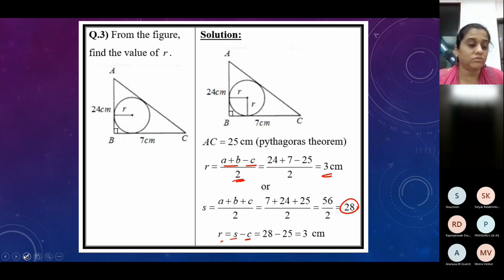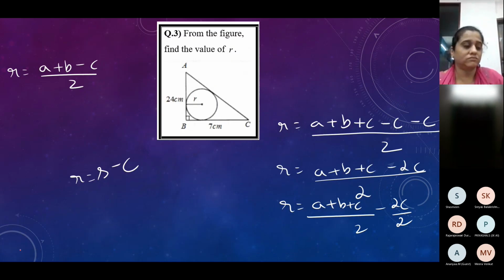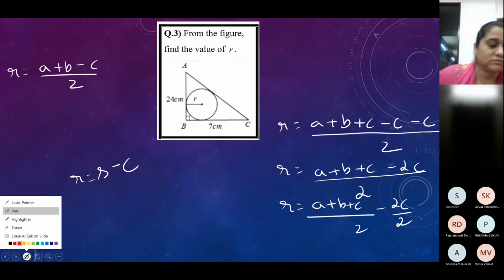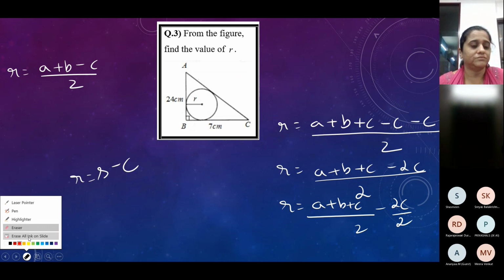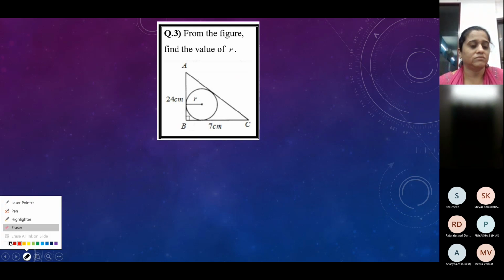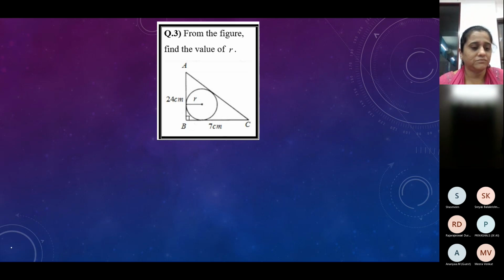Now, if you see here, children, can we prove that this is a square?